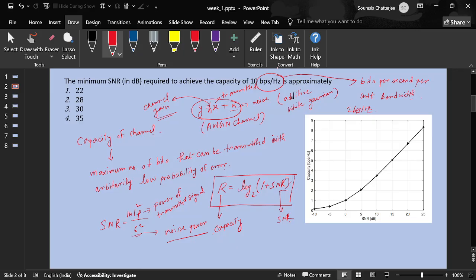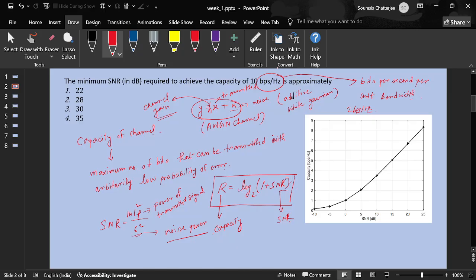Correct. SNR definitely changes, number of bits also changes, but if I say the file size is, let's say, 2 GB, whether you are close to the base station or far from it, the amount of information you are going to download on your device remains the same, right? So what benefit do we get by being closer to the base station? The rate of download might be higher.